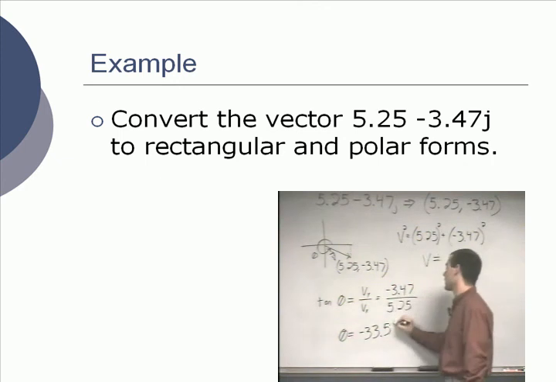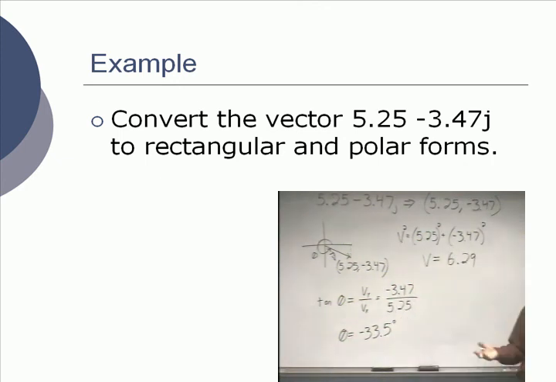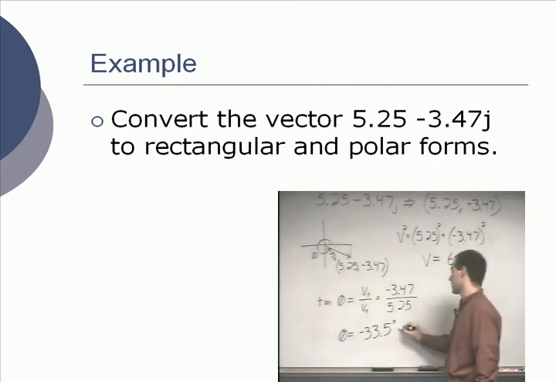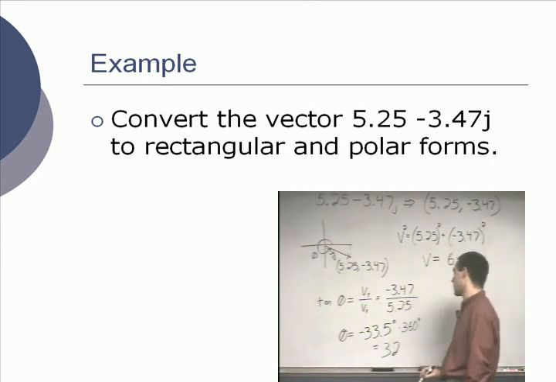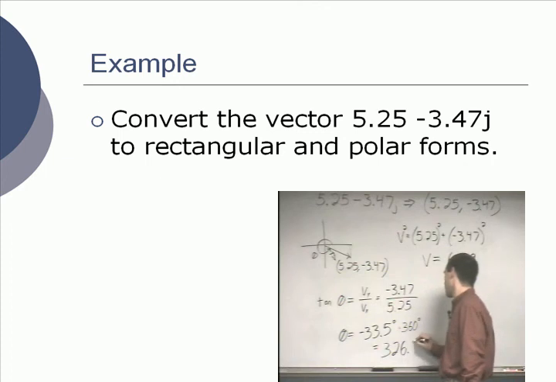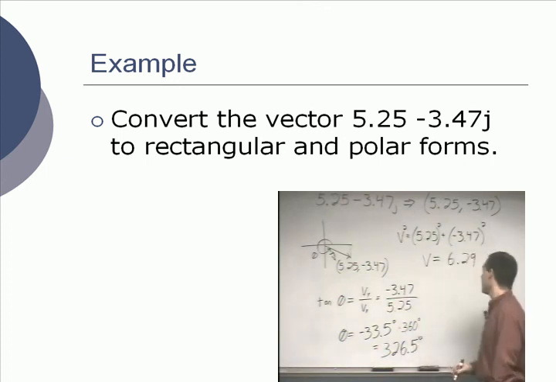Negative 33.5 degrees, which is true, but we tend to like to express the angles as positive values, so we can spin that around by adding 360 degrees to it. And we get an angle of 326.5 degrees. And we're done.